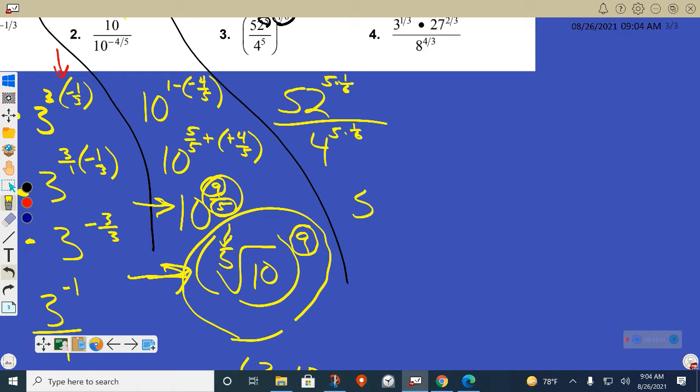So it's going to be 52. 5 times 1/6 is 5 over 1 times 1/6, and the same for 4 to the 5 over 1 times 1/6. Remember, we're just multiplying fractions now, just like we did on the first one.